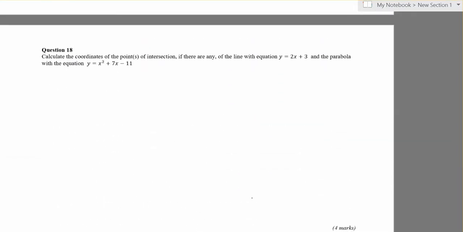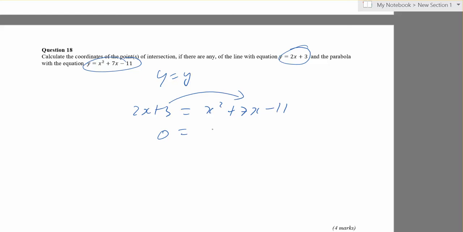Question 18. Calculate the coordinates of the intersection between this and that. Intersection means you let y equal to y. So you go 2x plus 3 equals x squared plus 7x minus 11. I want to move all the terms to one side, so I'm going to move all these terms to that side. x squared, 7x minus 2x is 5x, minus 11 minus 3 is minus 14.